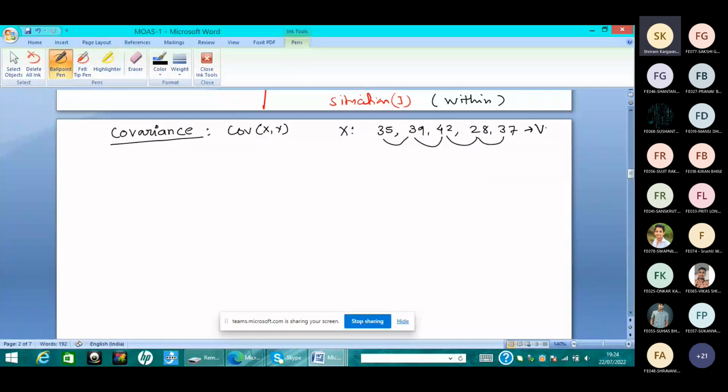Remember, variation within the data. What is variance? Variance is variation or difference within the same data.